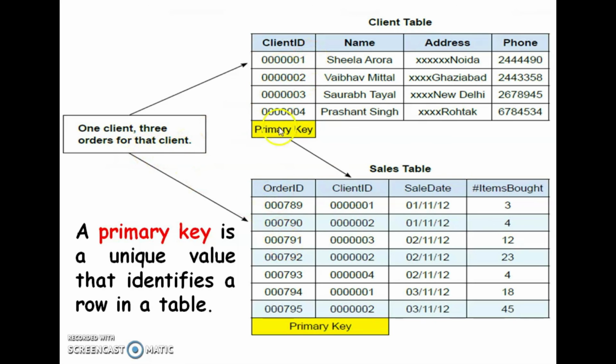Here, check this one, 00001. That orders we can see 1, 2 orders placed. Okay. In this client table, the primary key is client ID. In the sales table, the primary key is order ID. Okay. A primary key is a unique value that identifies a row in a table. Okay. Clear?